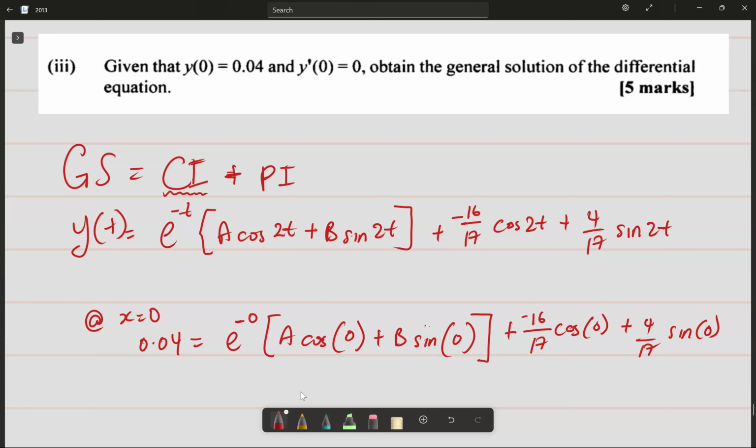So let's throw away anything that will be 0. This is going to be 1. This is going to be 0. This is going to be 0. This is going to be 1. This is going to be 1.